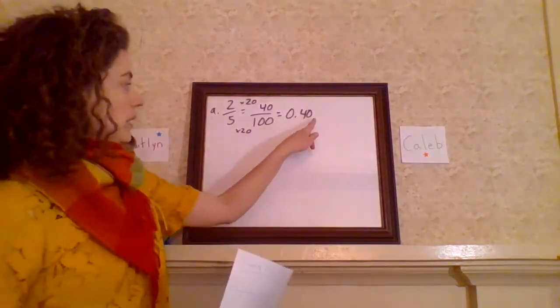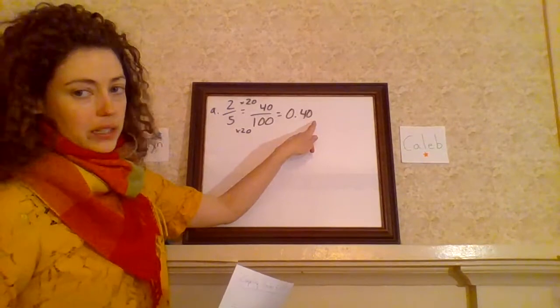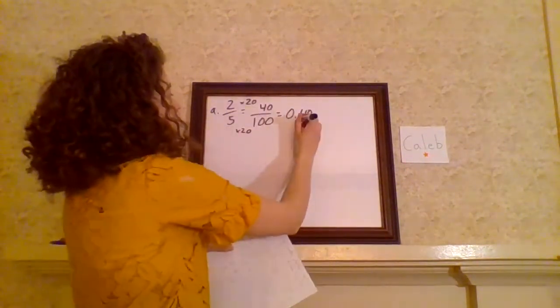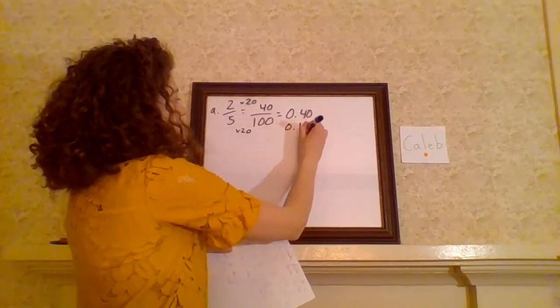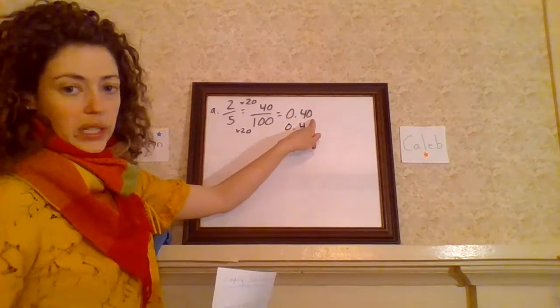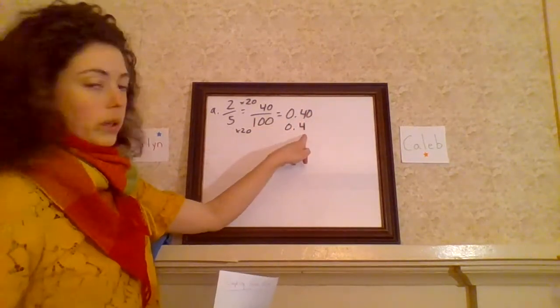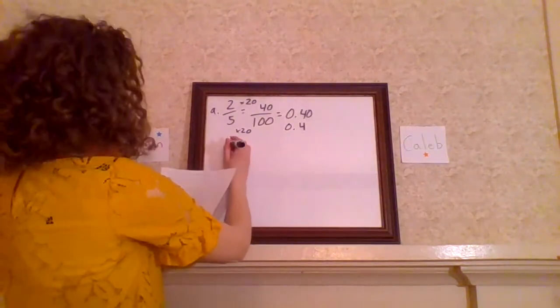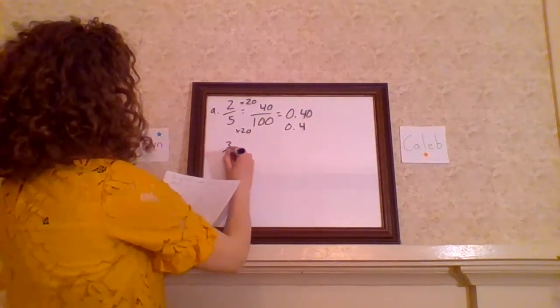Now, do we need that 0 at the end? Not really. That's correct, but we don't need to do that. So we could also just put 0.4, so 4/10. Because remember, 40 out of 100 is the same as 4 out of 10. Those are equivalent fractions.